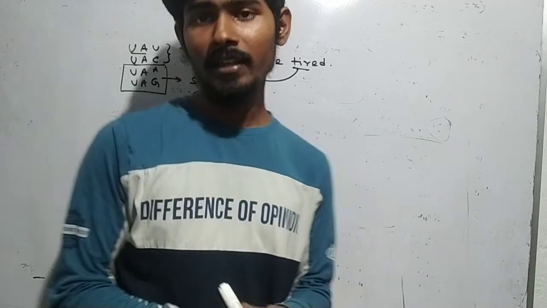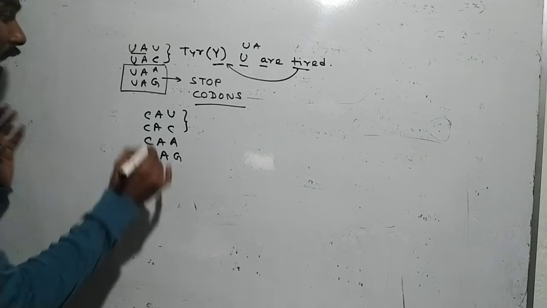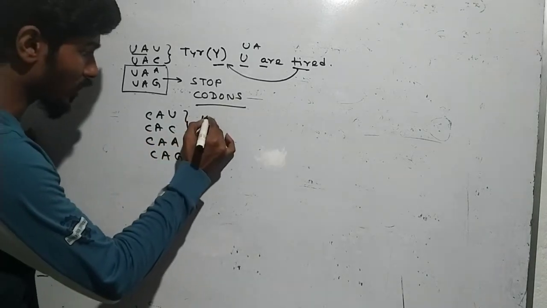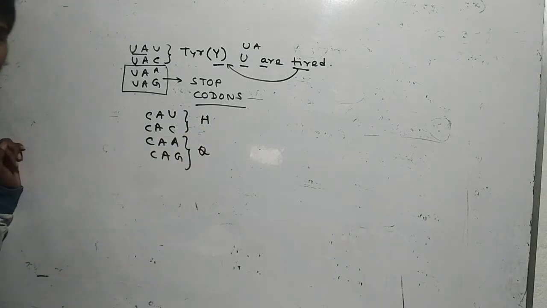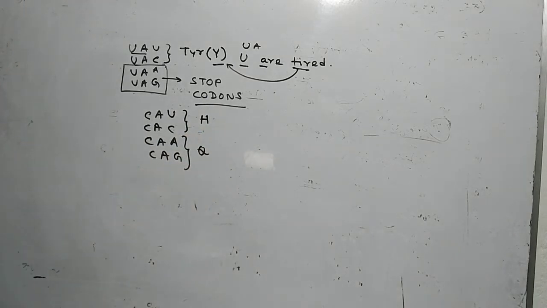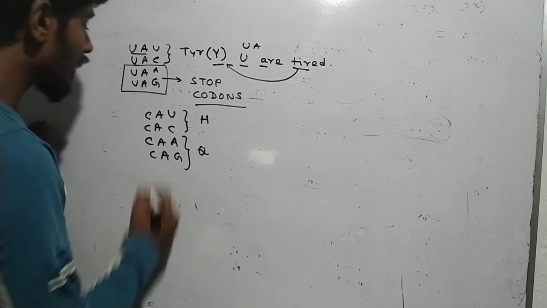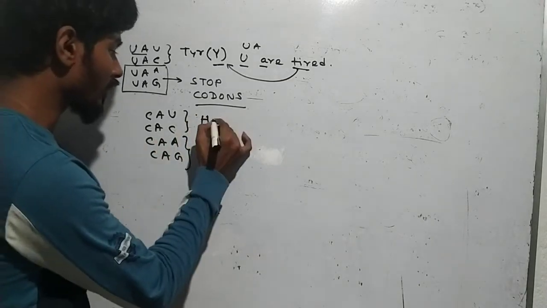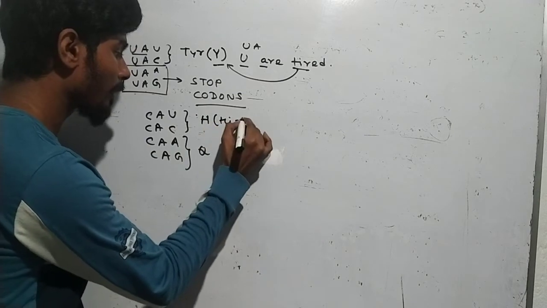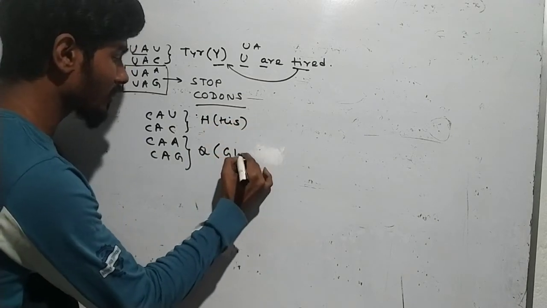The sentence there I have mentioned that high quality, H and Q. So H for histidine and Q actually stands for the glutamine. Now how can you remember that it is histidine? So just remember in this way, this is histidine and this is glutamine.